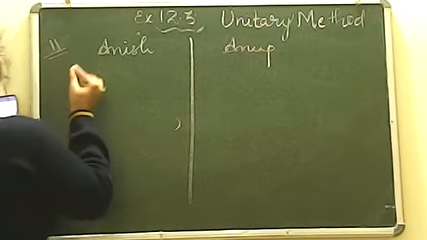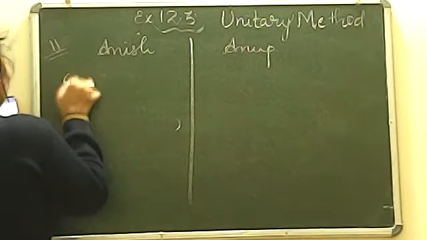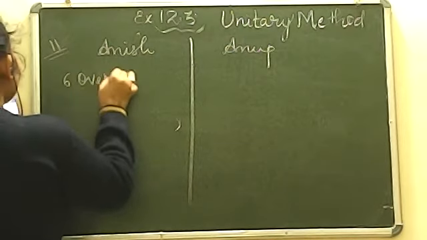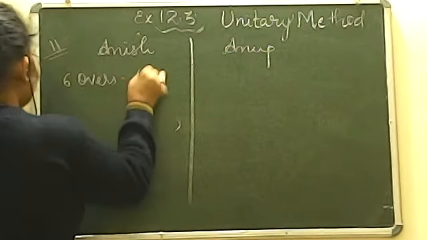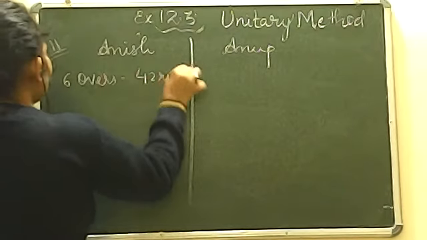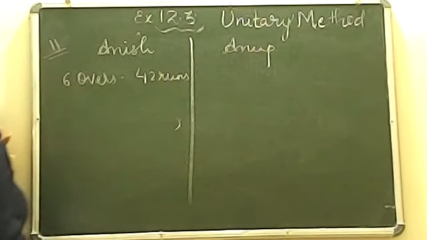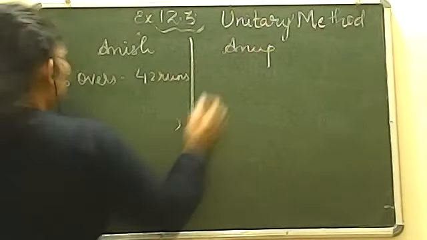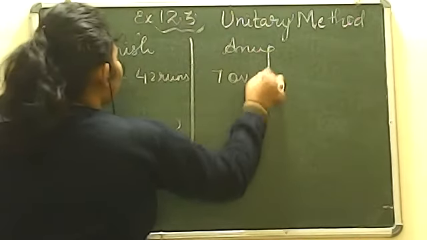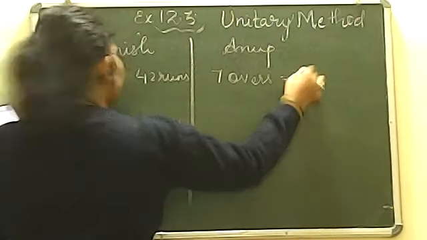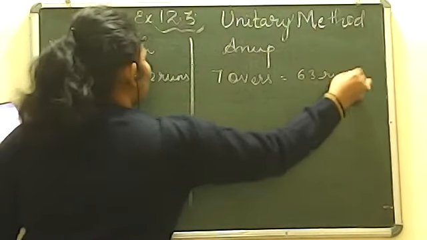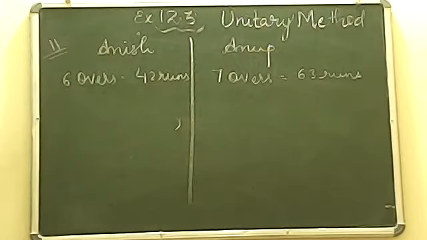Now what is given here? Here it is given that in 6 overs he makes 42 runs. And in the same way, here we have Anup, who makes 63 runs in 7 overs. Now we have to compare which person is making more runs.